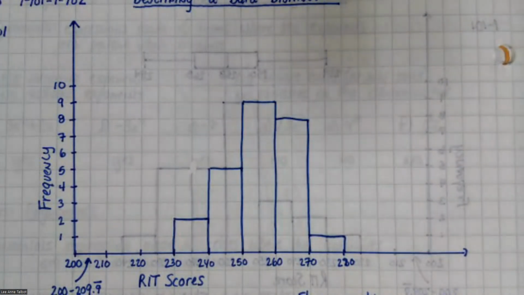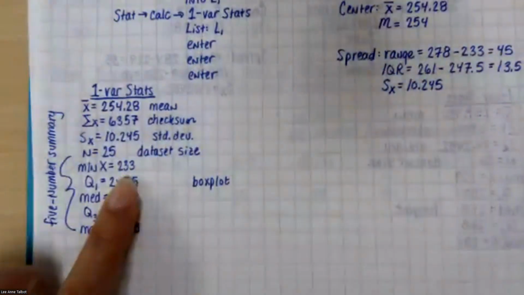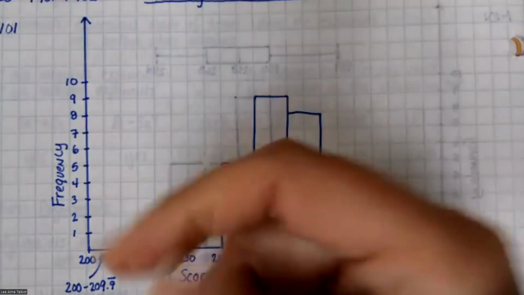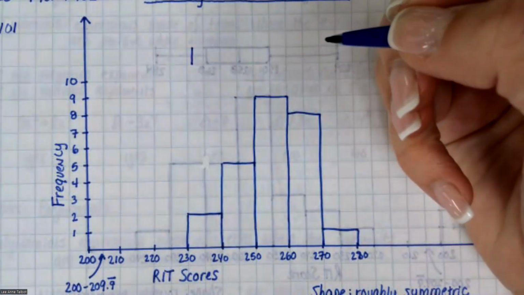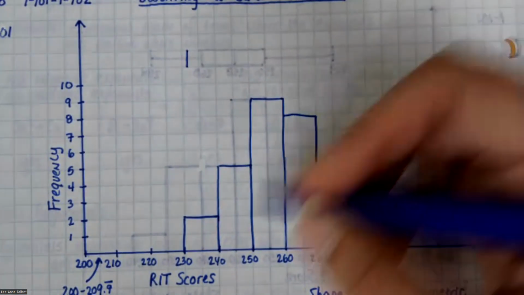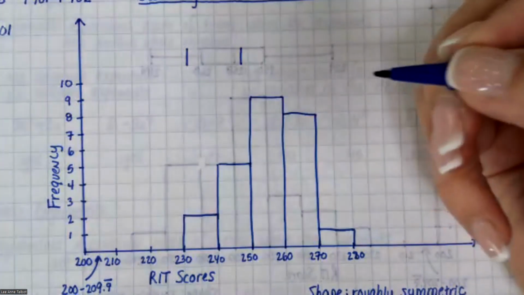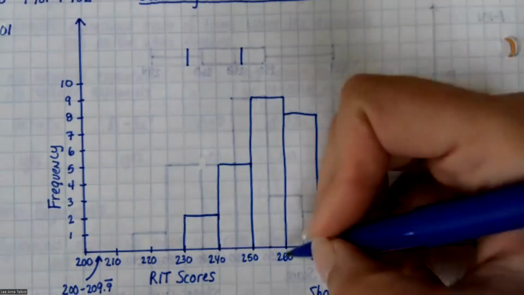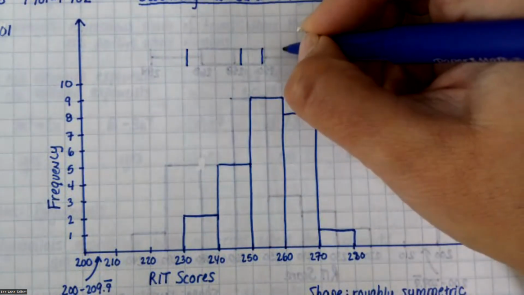Okay, so do you see the 5-number summary at the bottom? You come up here above your histogram and we draw vertical lines at all 5 of these spots. So we start with 233. So 233 would be right here-ish. I think it should actually be more. Oh, it's fine. 247.5. 254. 261.